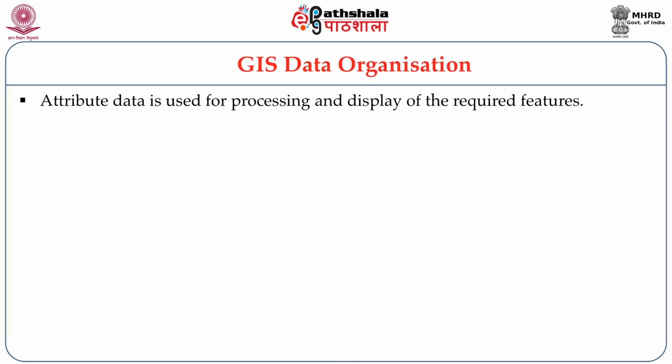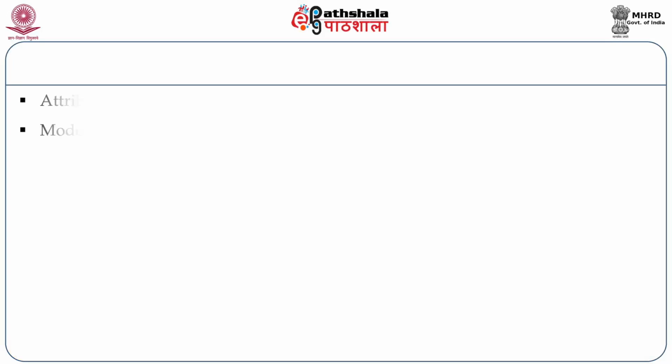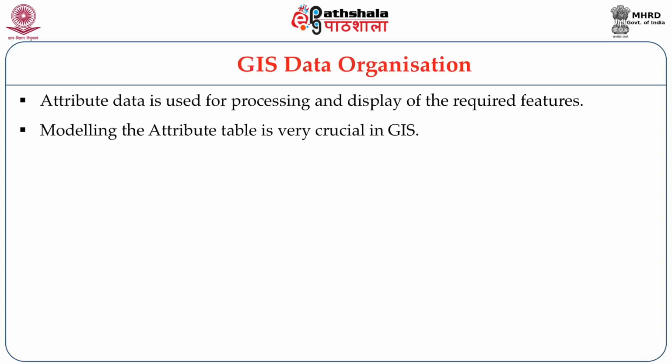While talking about GIS data organization, we also have to learn that attribute data is used mainly for processing and display of required features. Since the attribute data is used in processing and display of the required features, we have to organize it in a proper manner, which is known as modeling the attribute data.